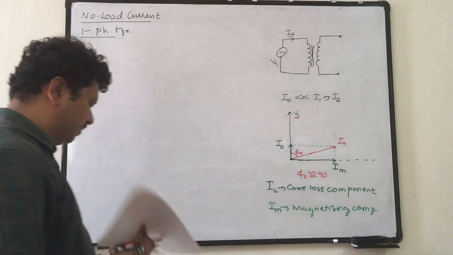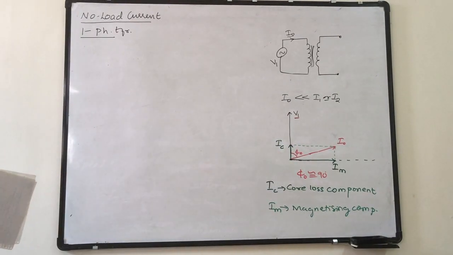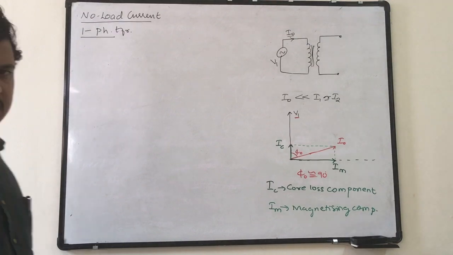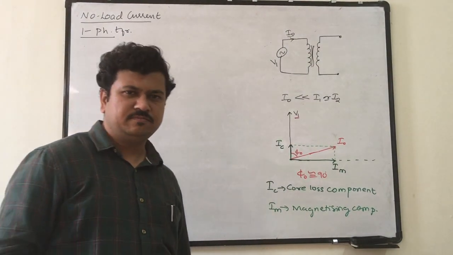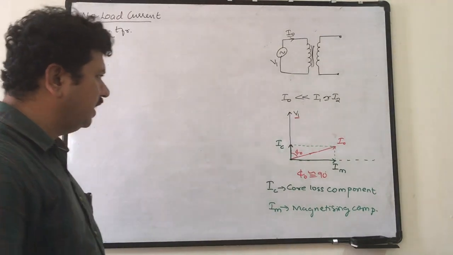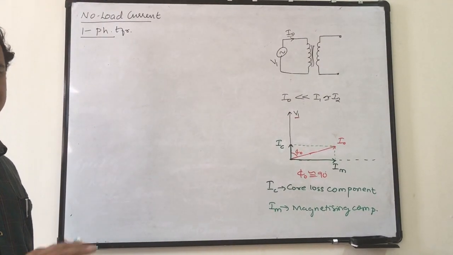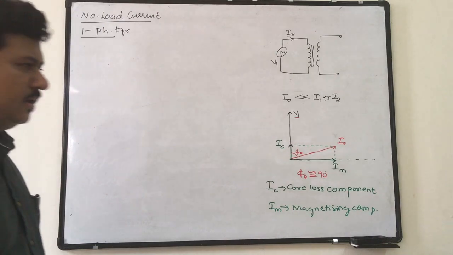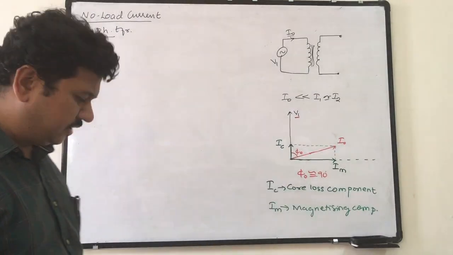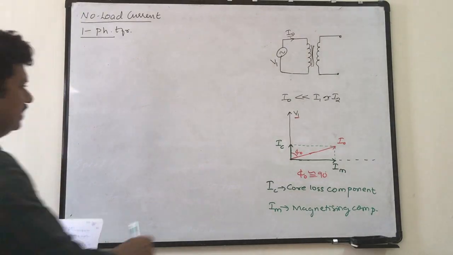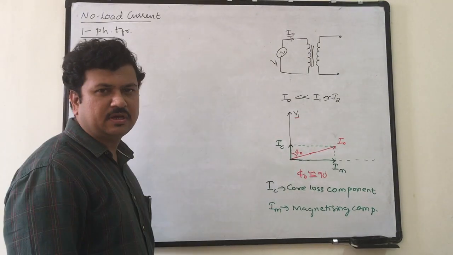Remember one thing: in any electrical system, the current that is in phase with the voltage is responsible for losses, and the current at an angle of 90 degrees from the voltage is not responsible for any kind of losses. So this current IM is the magnetizing current, and this current IC is the core loss component of the current.